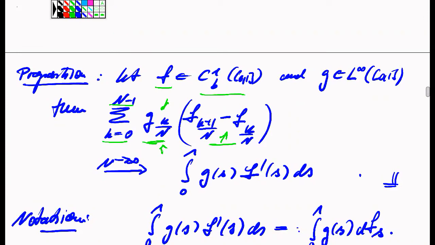And the question was, for instance, can we pass to a limit in such a sum when we reduce the mesh size or the step size of the mesh to 0?